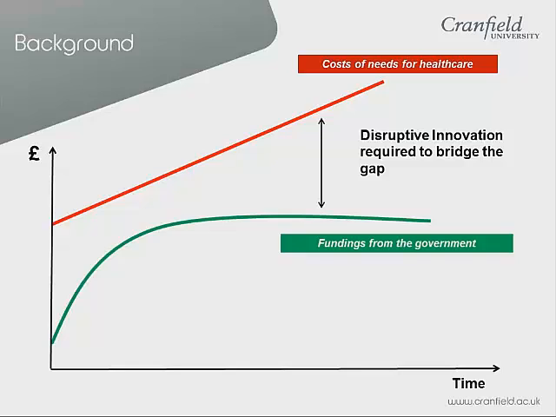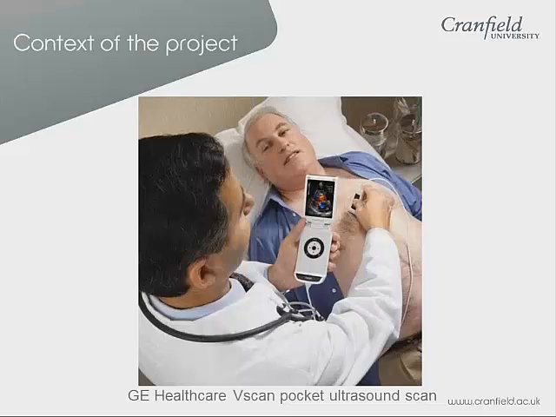diminishing. So we focused on a specific example of disruptive innovation, where we looked at vScan, which is an ultrasound scanning device, and it looks at providing a mobile service where doctors are able to go to the patient, rather than the static, large and expensive scanning devices that are typically in hospitals.